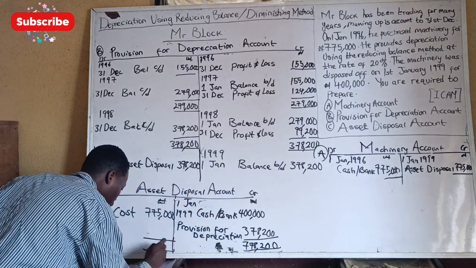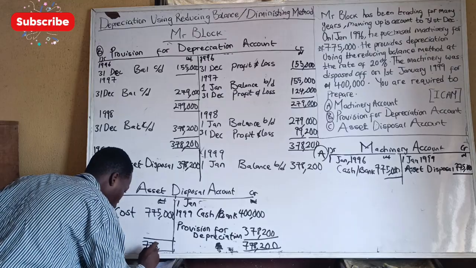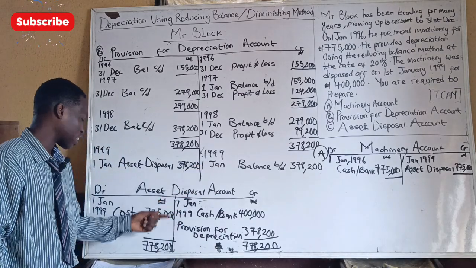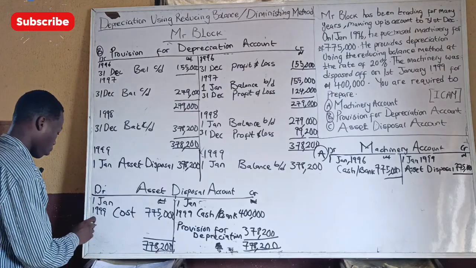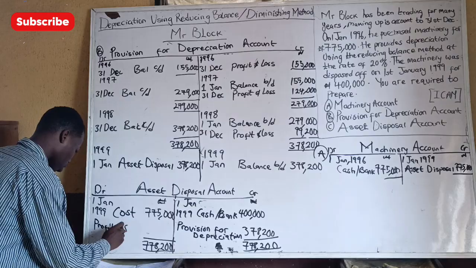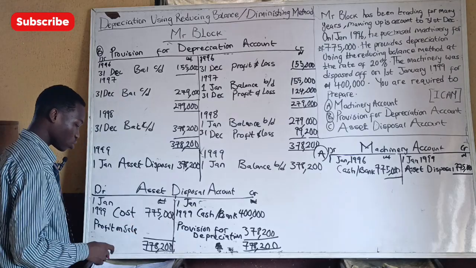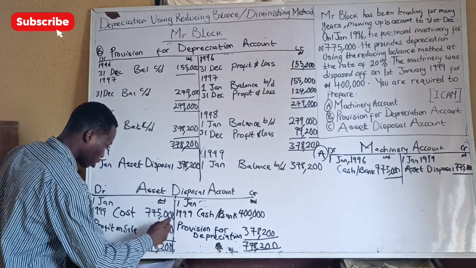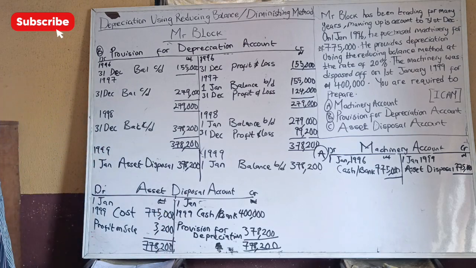Here also we have 778,200. We can see that the credit side is greater than the debit side, which means that we made a profit on the sales of the assets. So profit on sales, the difference here, which is 3,200, is the profit on sales.